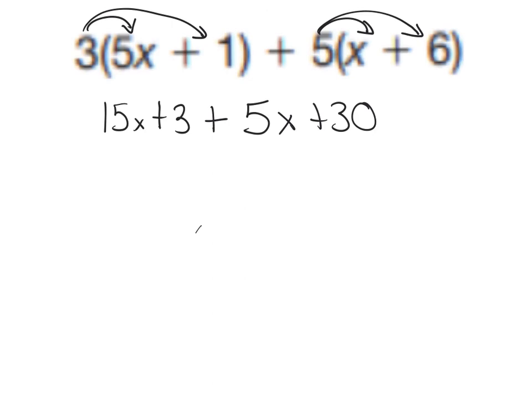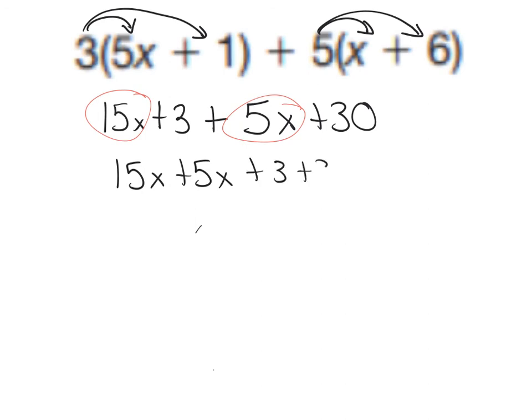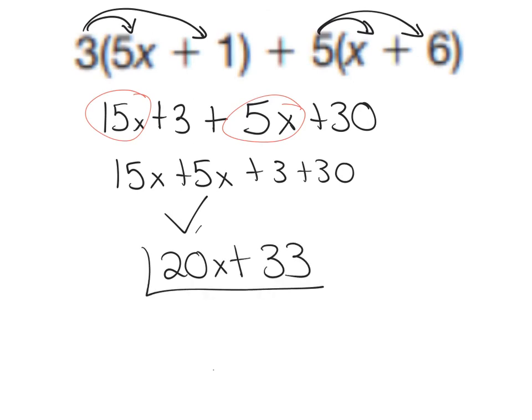Okay, now I need to look, can I combine? Is there anything that's like 15x? 5x's. So I'm going to say 15x plus 5x plus 3 plus 30. So 15x plus 5x is 20x, plus 3 plus 30 is 33.